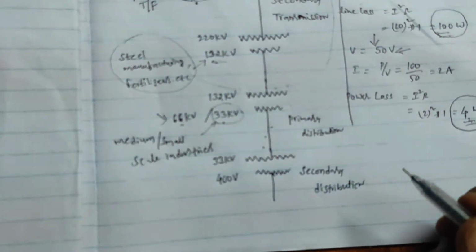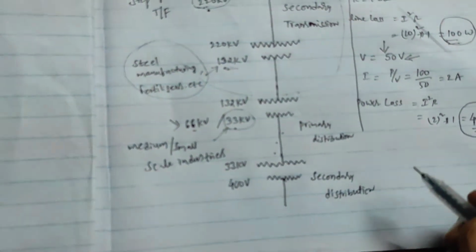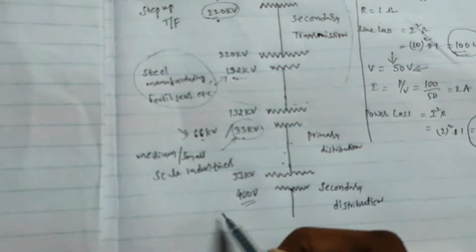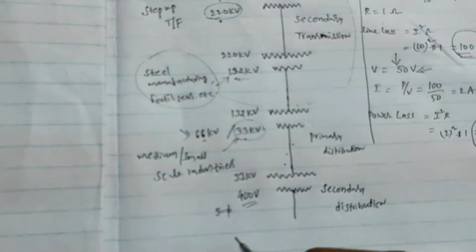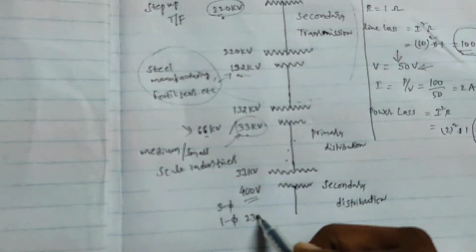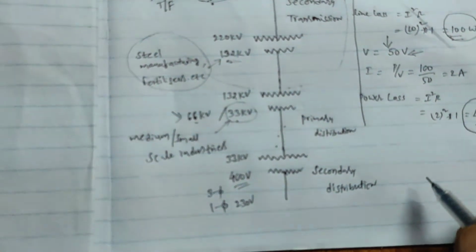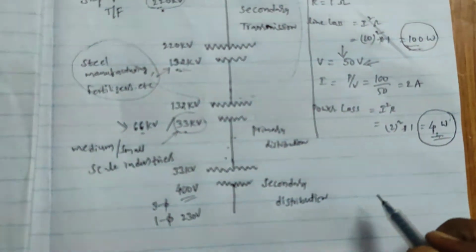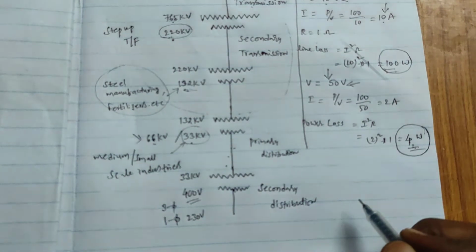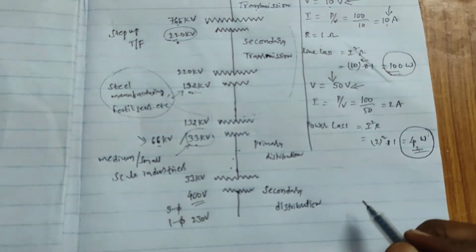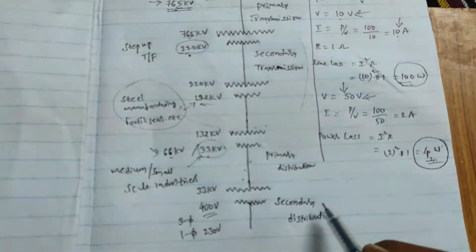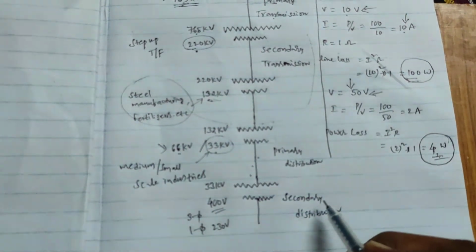And all domestic consumers will take power at this voltage if it is 3 phase, and if it is single phase at 230 volt. And from this, secondary distribution starts.